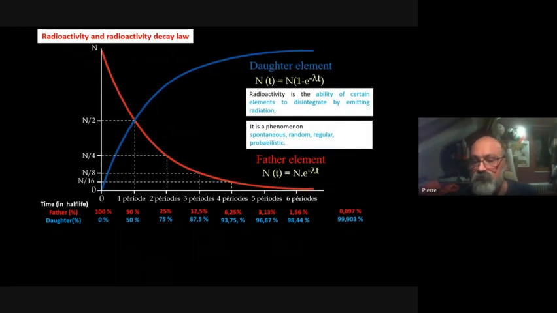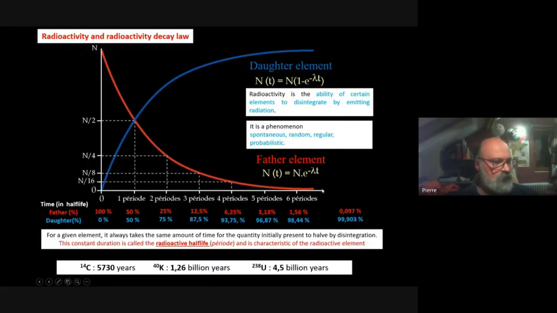For that, we use the law of radioactivity. Radioactivity is in fact the ability of a specific element to disintegrate, to transform into another element.